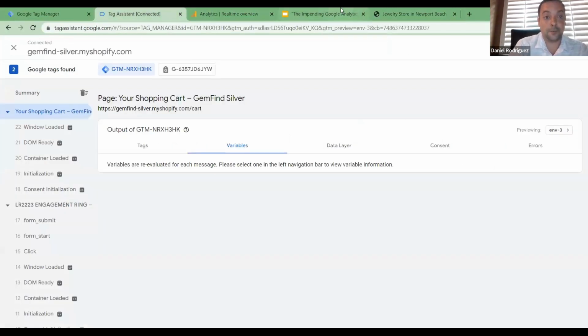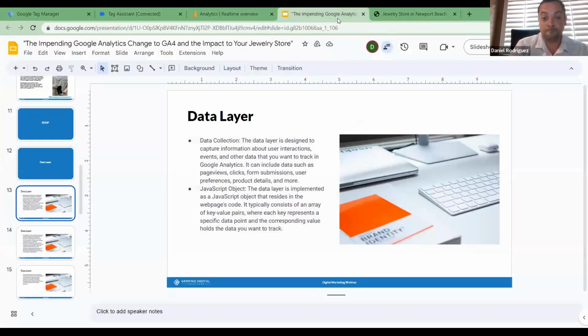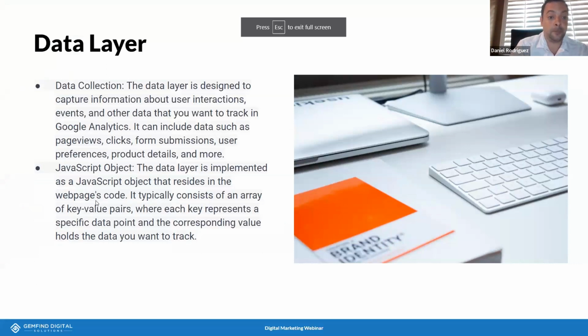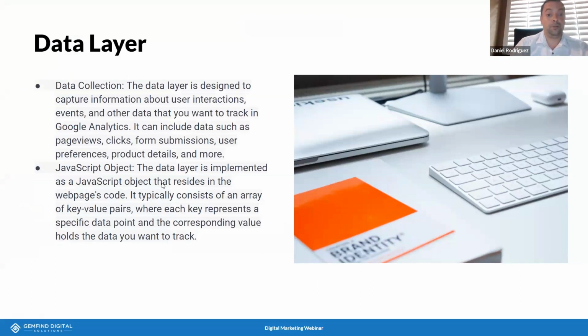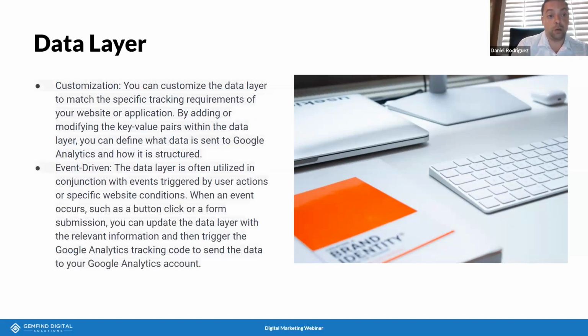So all the data is going to be available in Google Analytics 4. You can even target JavaScript objects, which are implemented through, again, Google Tag Manager and your web code. So you will need someone that really knows how your website interacts on the back end. So it's not like an easy task, as you can see.